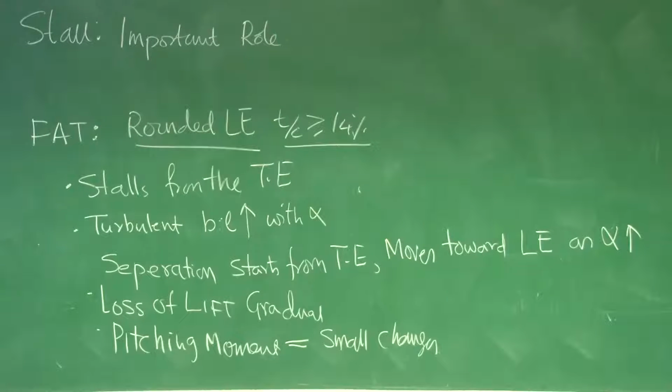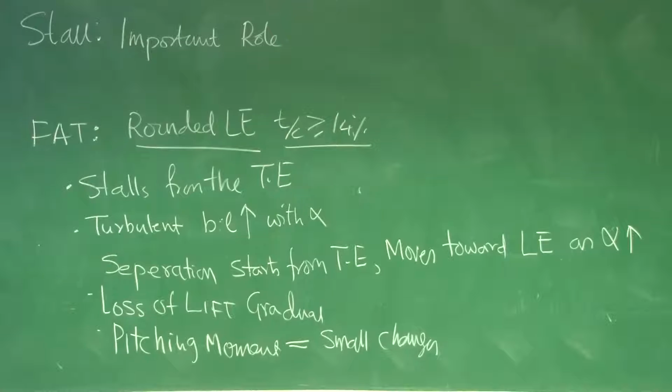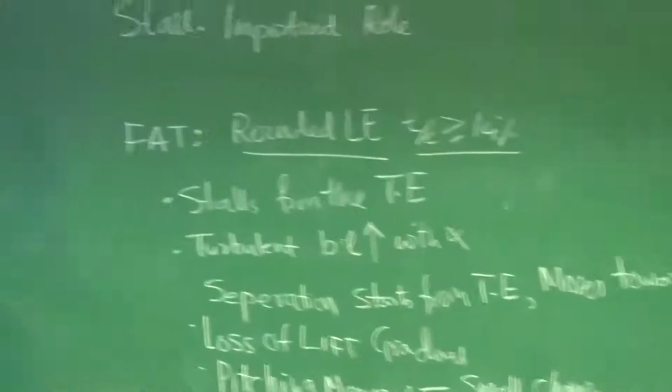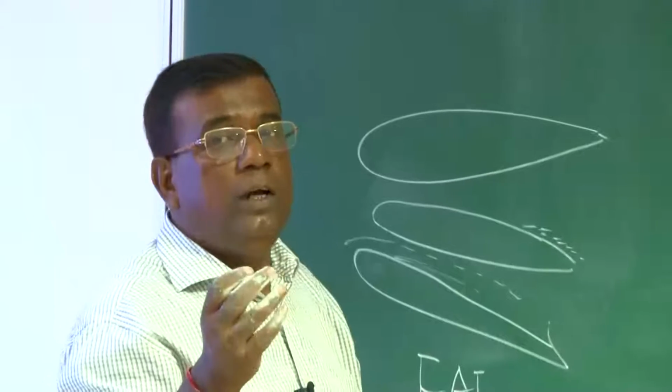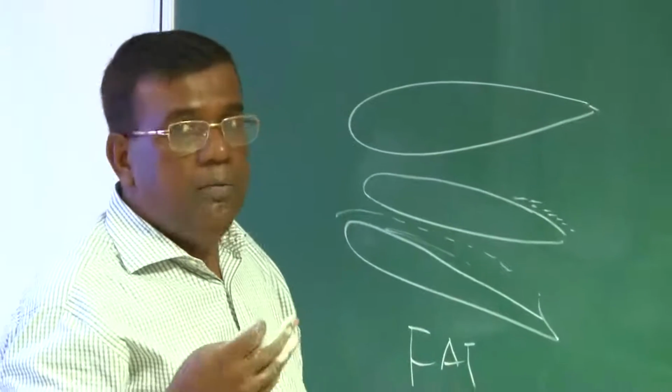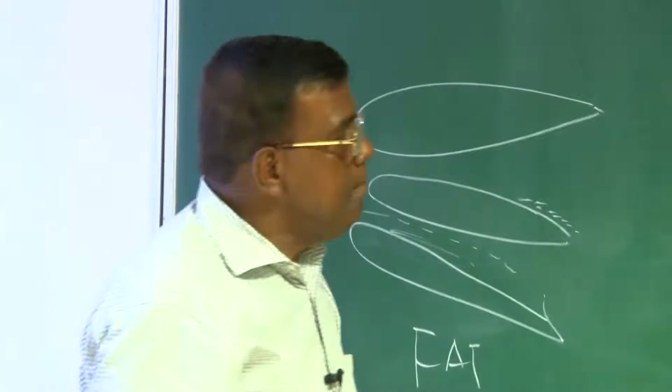And what we will see is such aerofoil near the stall. It is important that we are discussing stall and how an aerofoil should have characteristics near the stall, because that is going to decide the handling qualities, which is a very important design parameter.